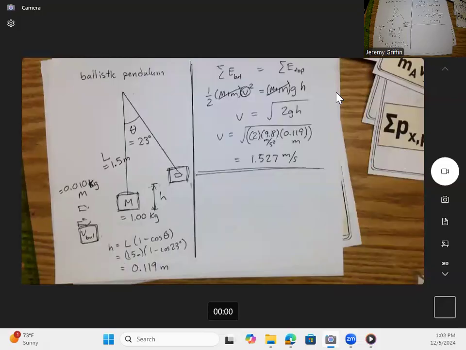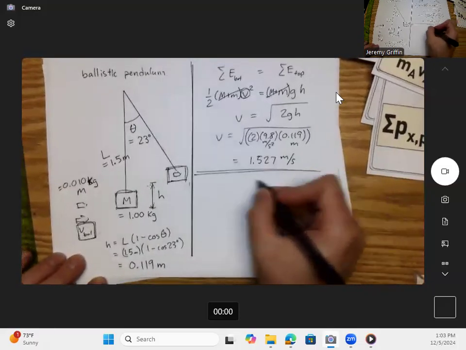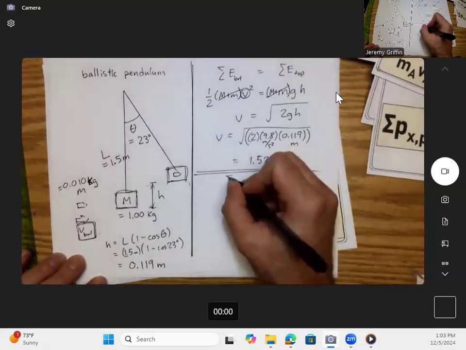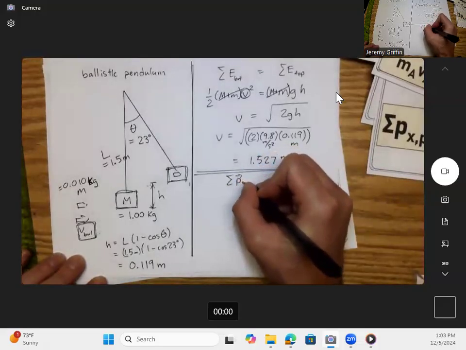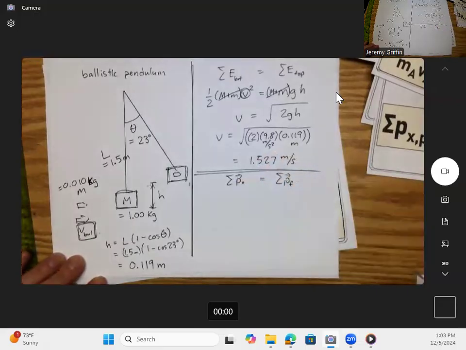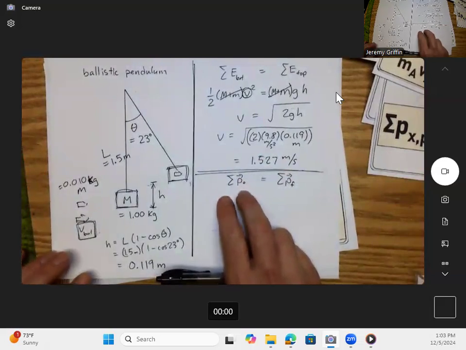Okay. But how did the block get that speed? Well, because the bullet crashed into it. So what's my next setup right here? I have to do conservation of what? Momentum. Sum of momentum before the collision equals sum of momentum after the collision. Okay. And before the collision, leading up to the collision, all the momentum was provided by which object?